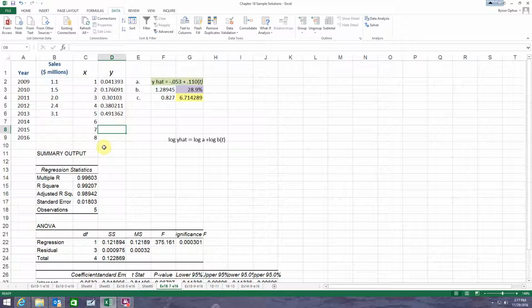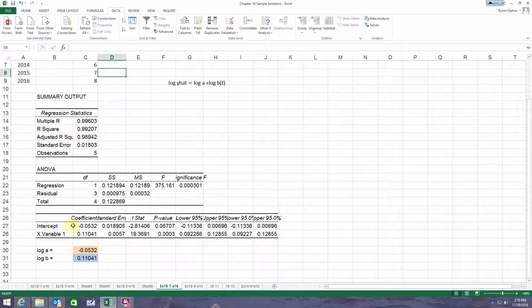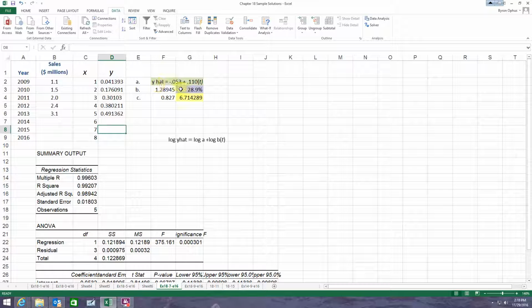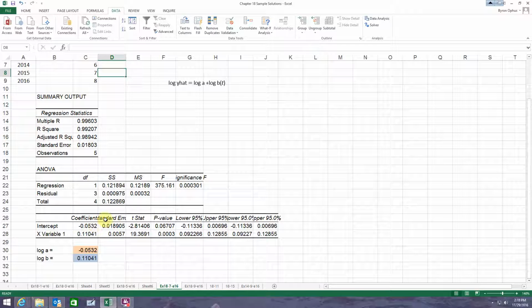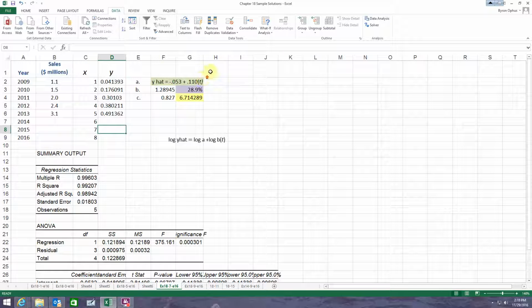And what's that give us? First, it asks us to determine the logarithm trend equation. Okay, so the logarithm trend equation is simply just like we have anyhow, right? We've got the intercept. In this case, it's a negative 0.053 plus, because that's a positive number, 0.110 t. Okay, t or time.